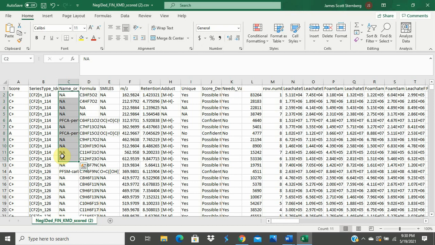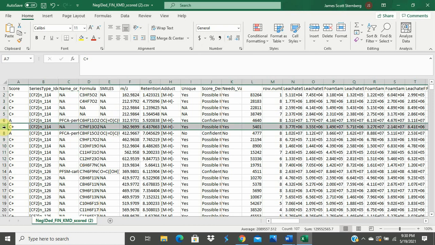Take a look at row 7. It is given a score of C+, which means there is no MS-MS or fragmentation evidence for this molecule, but the exact mass increase from C6 to C7 is 50, which would be the difference of the additional carbon fluorine repeating unit.